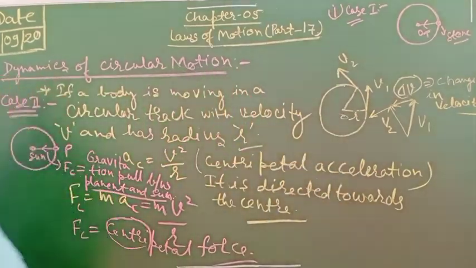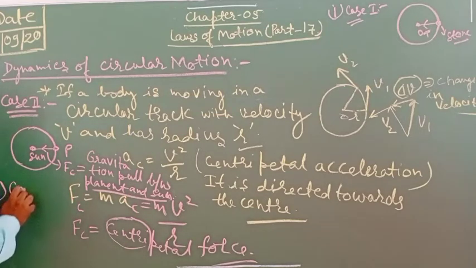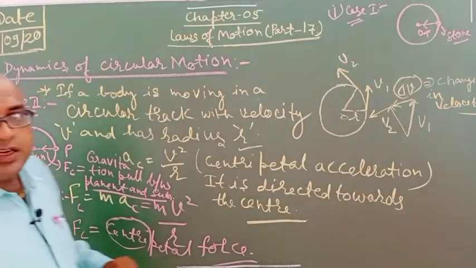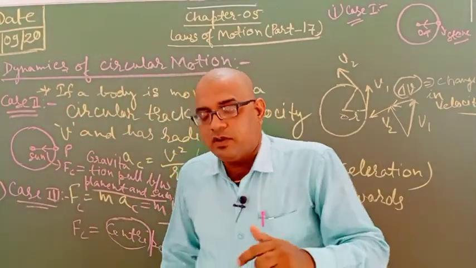And the third case. Case third is a car moving on a circular track.